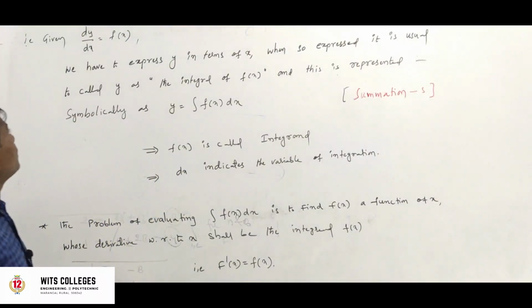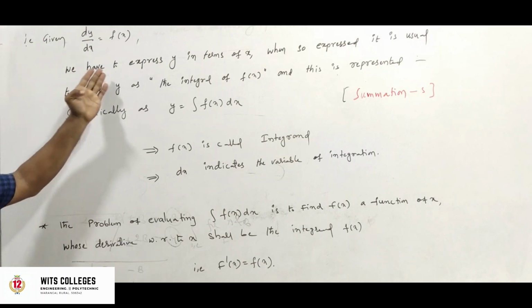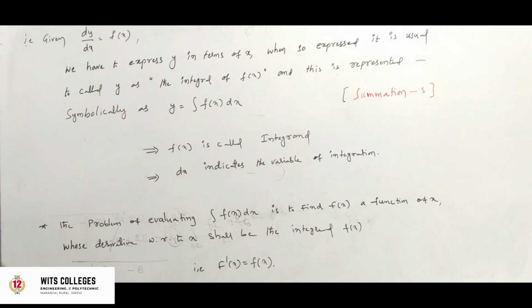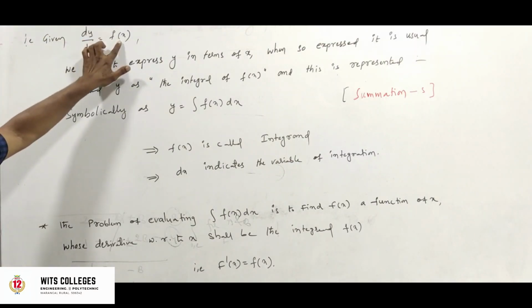Given dy by dx equal to f of x, we have to express y in terms of x. This is the derivative of the given function, said to be f of x.